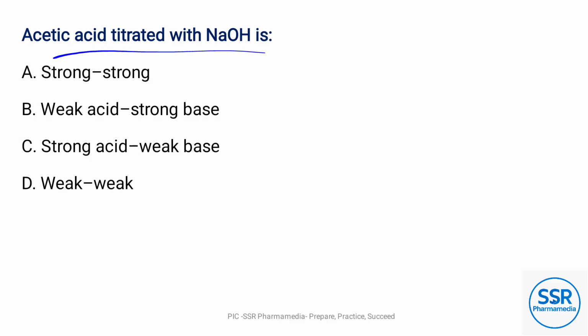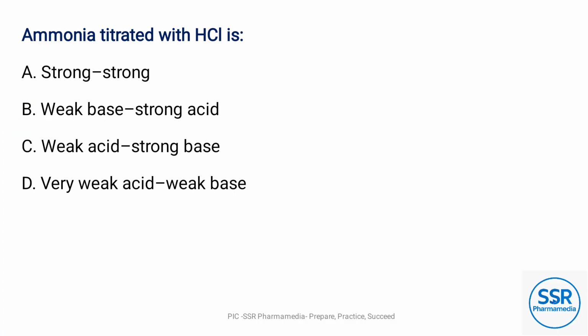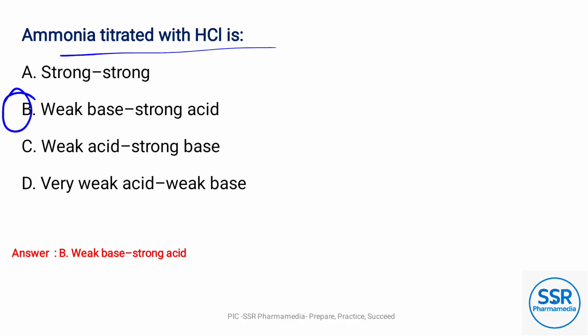Acetic acid titrated with NaOH is option B, weak acid versus strong base. Ammonia treated with HCl is option B, weak base with strong acid.